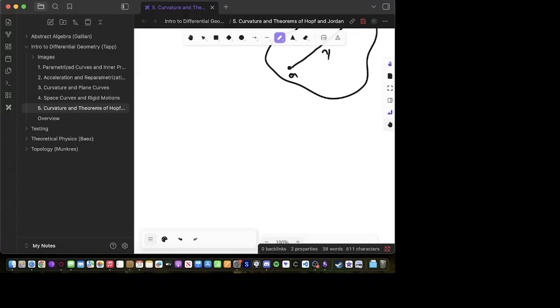So let's talk about orientation of curves.